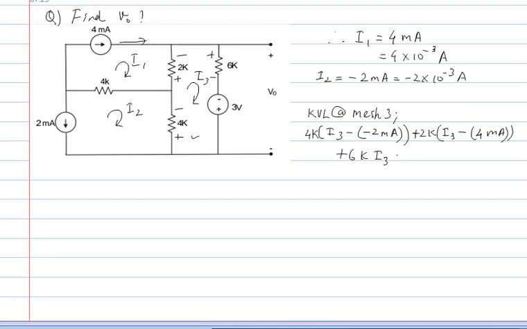6K I3, and then with it, back of the bogie again, it is going to be minus 3 volt is equal to 0. So if I expand this equation, see there is only one unknown here, and that is I3. So I can write all I3s together, which will come as 4K plus 2K plus 6K, all written together. That is for I3.